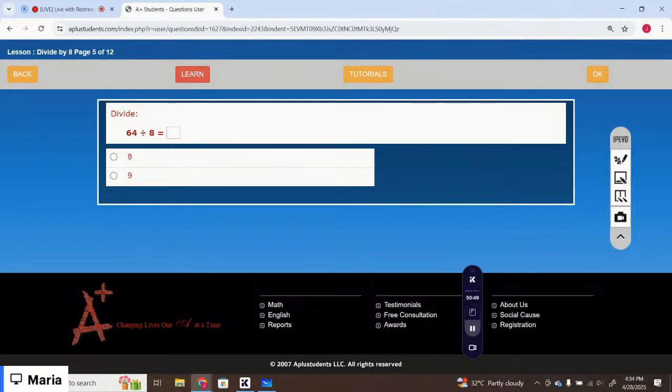Sixty-four divided by 8. 8 times 8 is 64, so the correct option is 8. Option number 1 is the correct option.